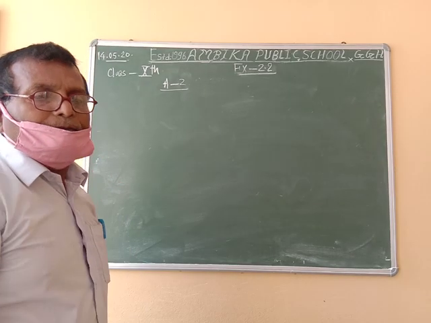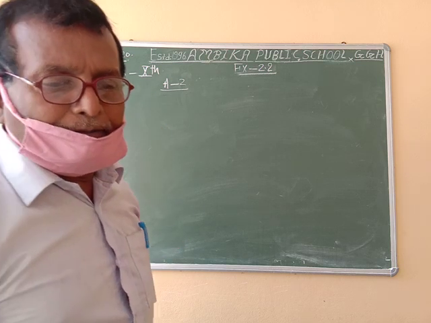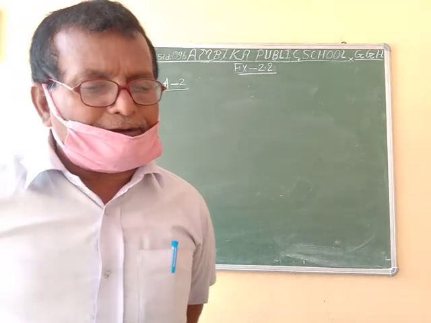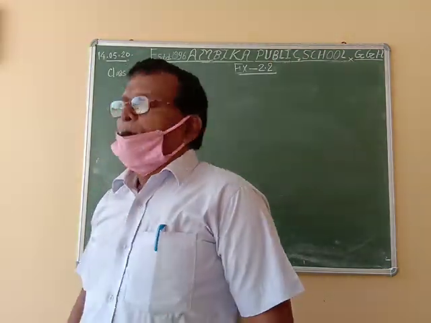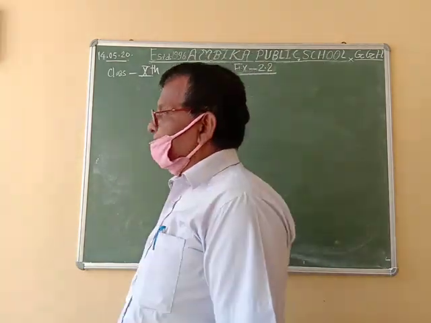A quadratic polynomial, each with the given numbers as sum and product of its zeros respectively: 1 by 4 and minus 1.